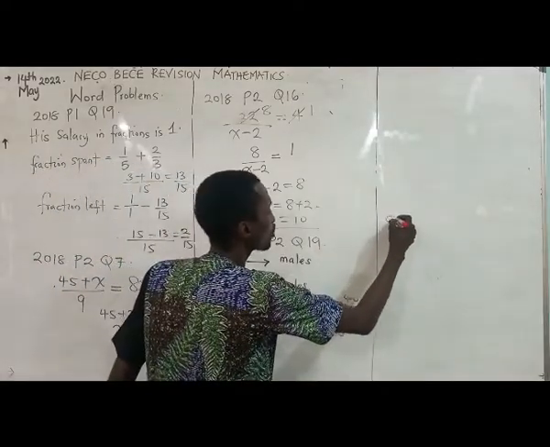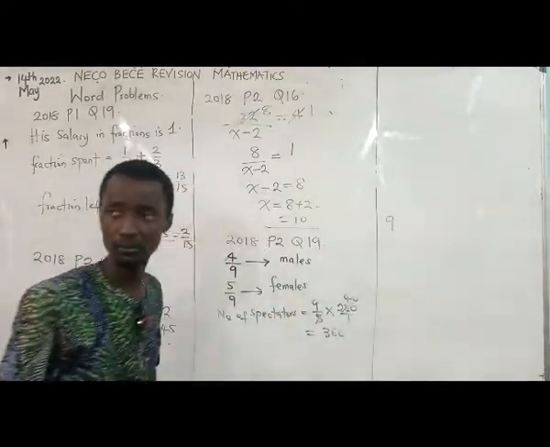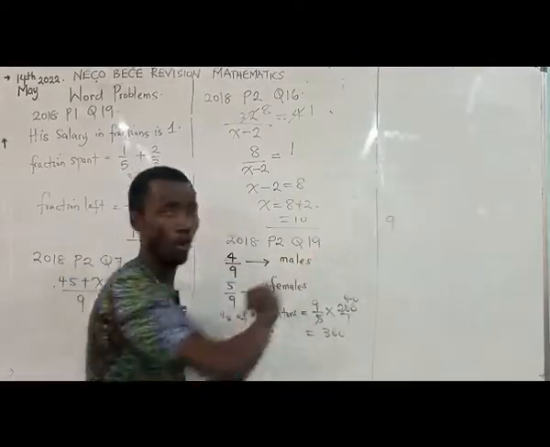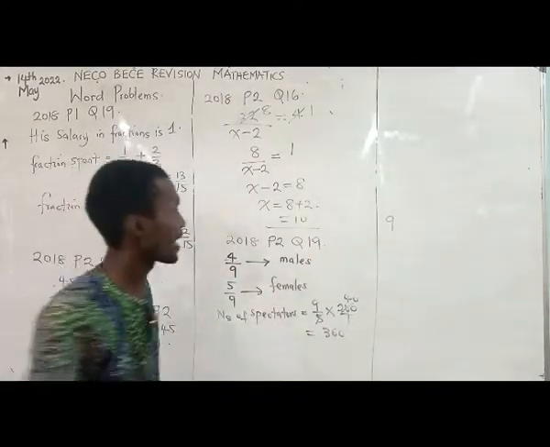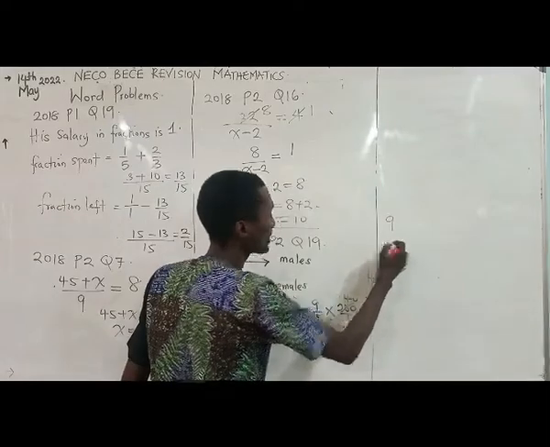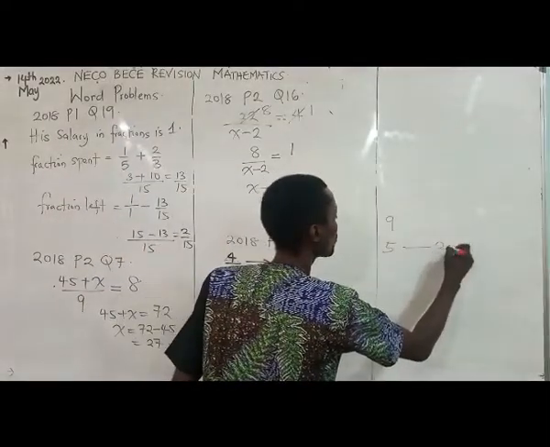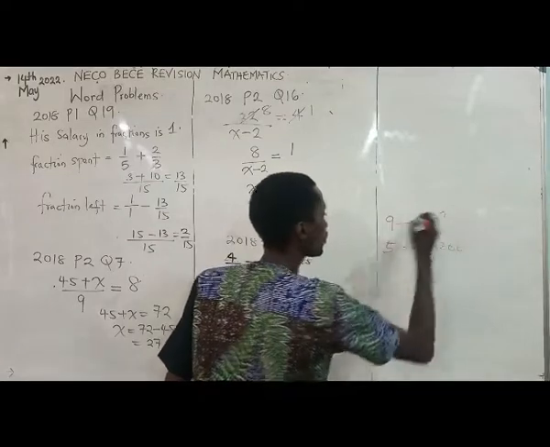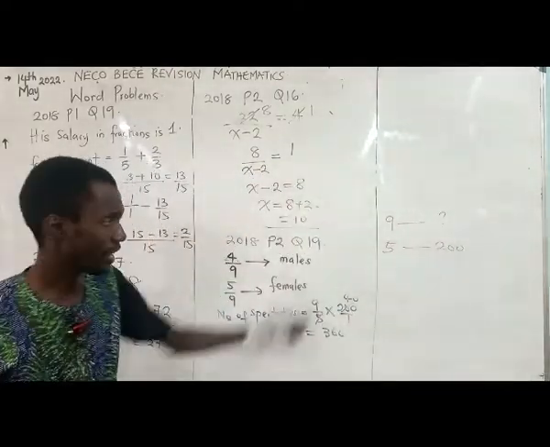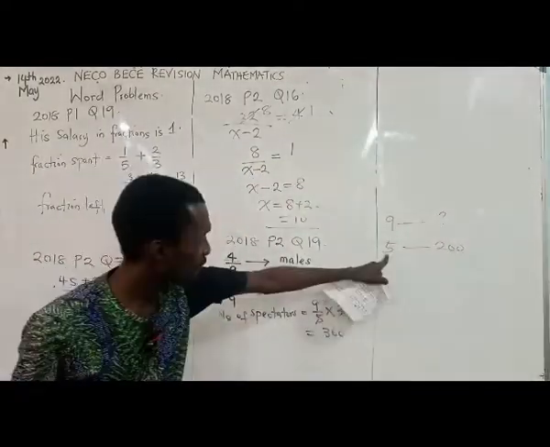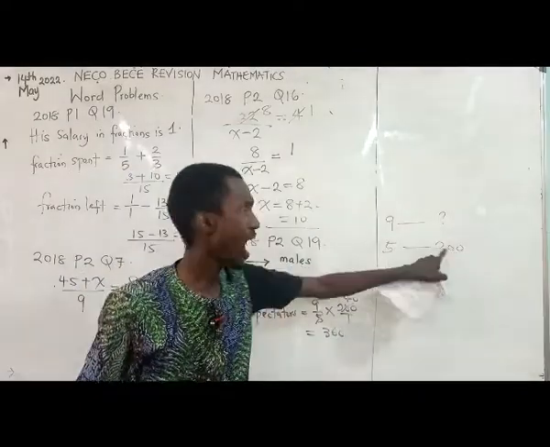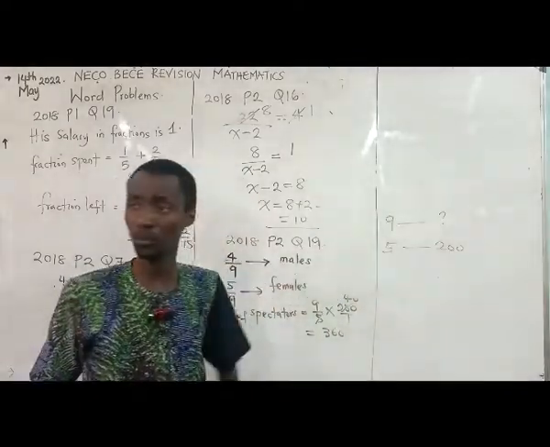Beautiful. Now, the number of spectators is very simple. If the total portion of my work is 9, and I'm told that out of that 9, 5 of them accounts for what? 200. How many will 9 account for? Direct proportion. If 5 accounts for 200, how many will 9 account for?